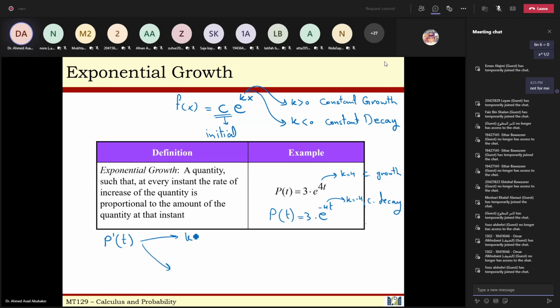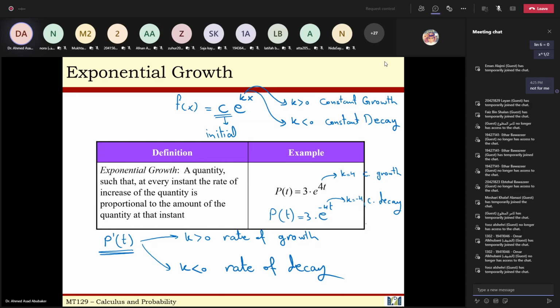If k is greater than 0, this is the rate of growth. But if k is less than 0, this is the rate of decay. So the rate means B prime, k is the constant of growth or decay, and C is the initial population.